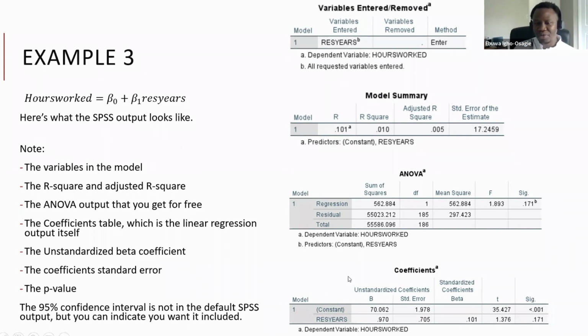How will you interpret this regression table? Okay, based on the regression table, each resident, irrespective of the years spent on practice, spent at least 70 hours each resident per week.